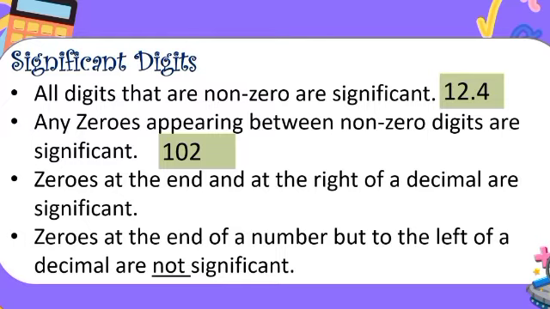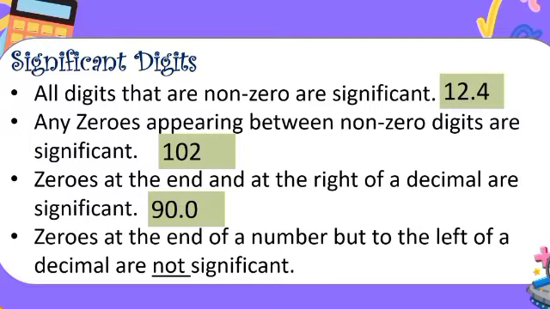Next, zeros at the end of a decimal are significant. Example, 90.0. So, yung 0 dito and 0 here before the decimal ay matatawag natin significant. So, this 90.0 consists of three significant digits, 9, 0 and 0.